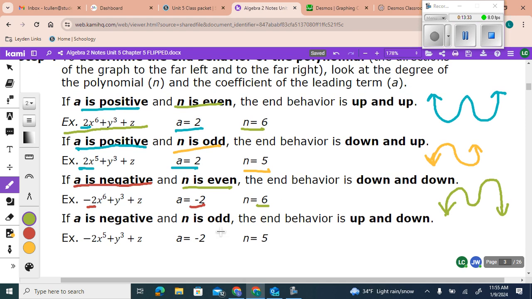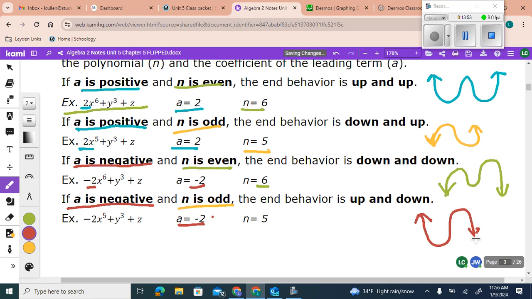And lastly, if A is negative, so for example, negative 2, but n is odd, you're going to have an end behavior that is up and down. So for example, starts up and ends down.